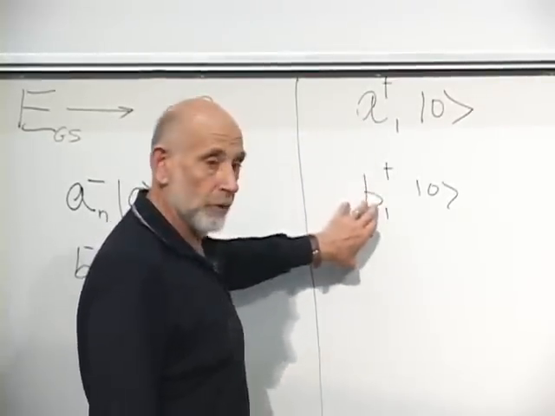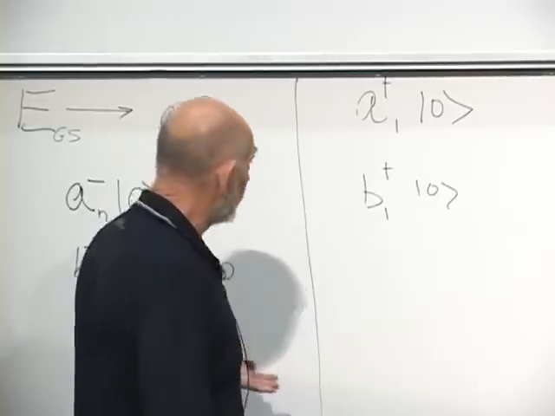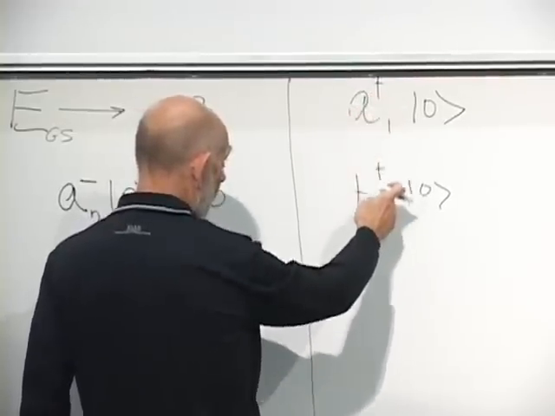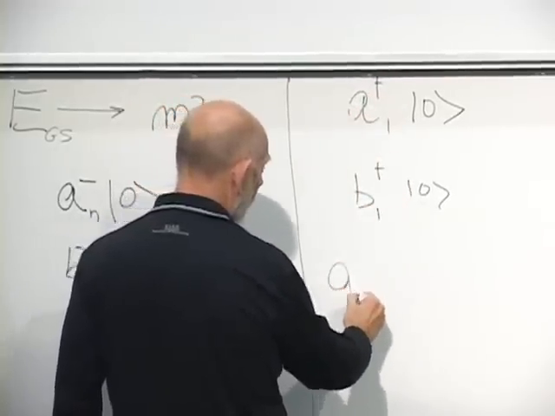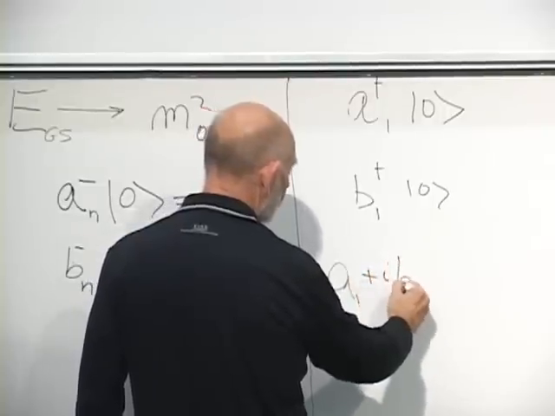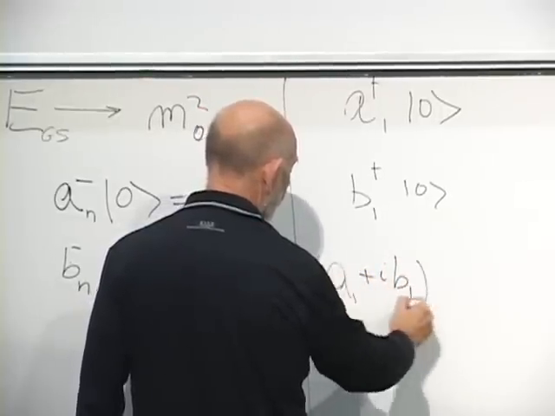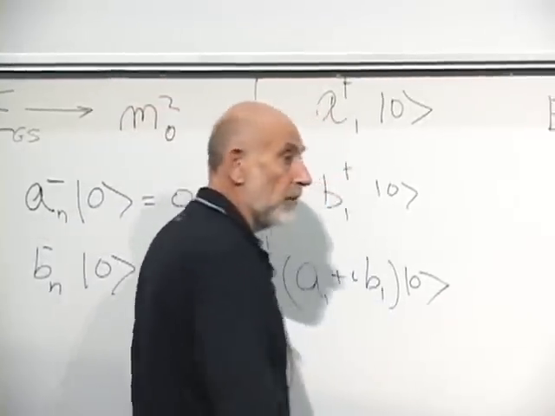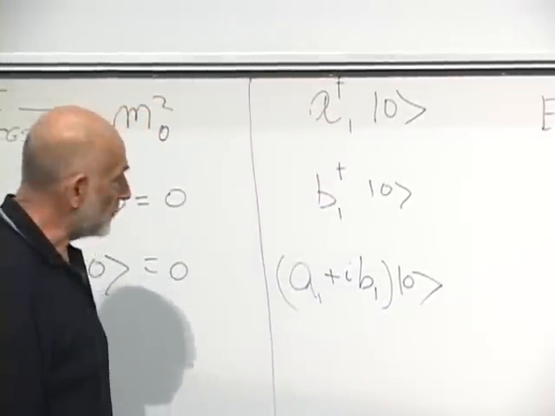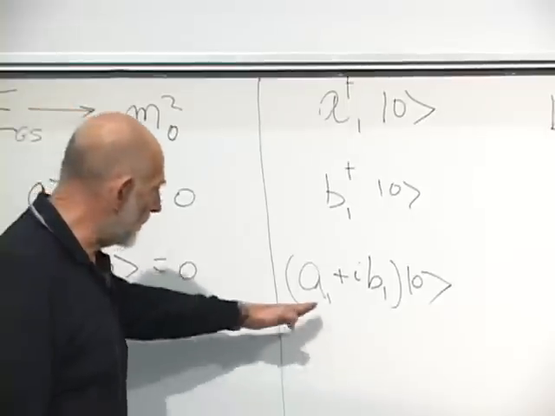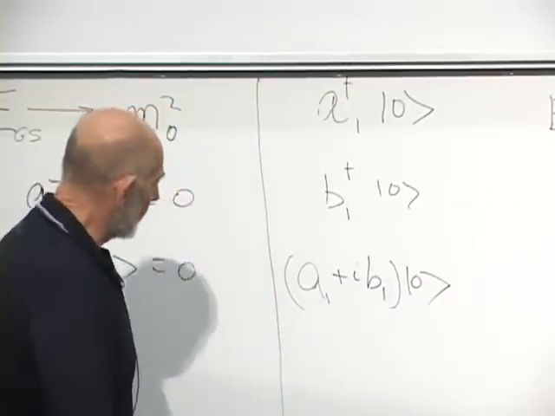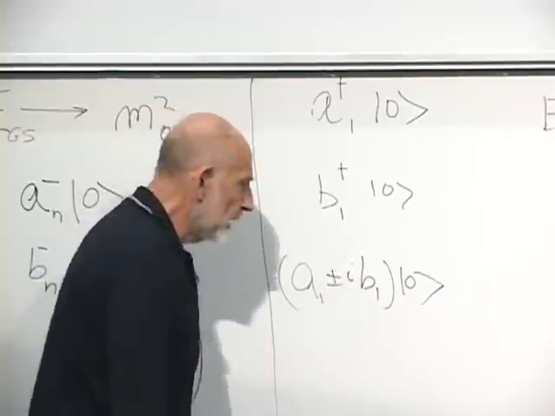Can we turn it into a circular polarization? Yes, we can. Instead of taking A1 or B1, we take A1 plus iB1. And that's a circularly polarized something. It's a string which has the properties of a circularly polarized particle. And of course, we can put a minus there.